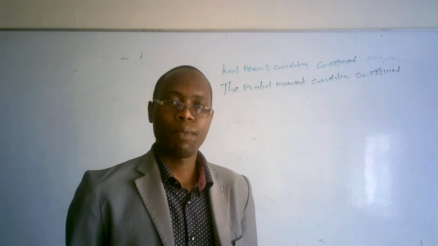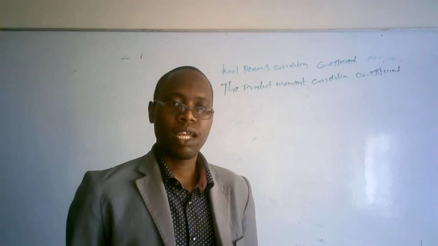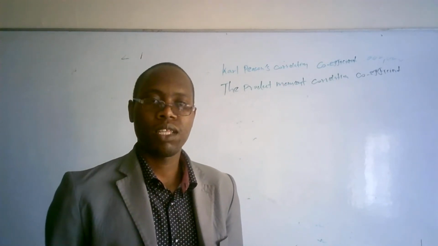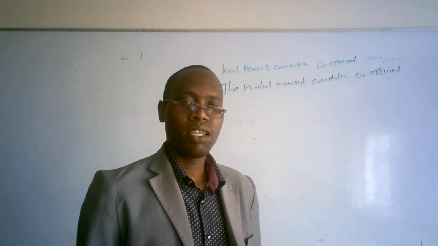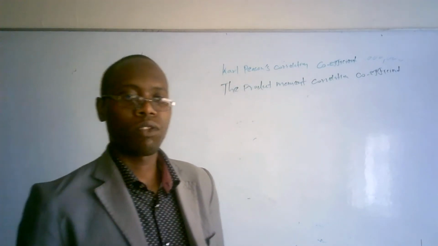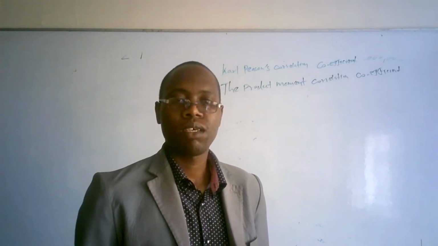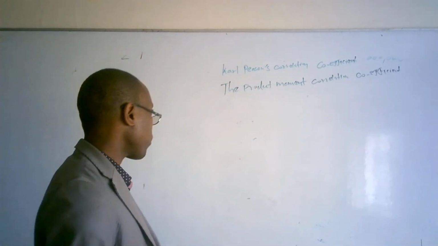In an exam situation, sometimes they can give you that question and call it the Karl-Pearson correlation coefficient. And again, in some exams, they will just ask you to calculate the product moment correlation coefficient, so it means the same.